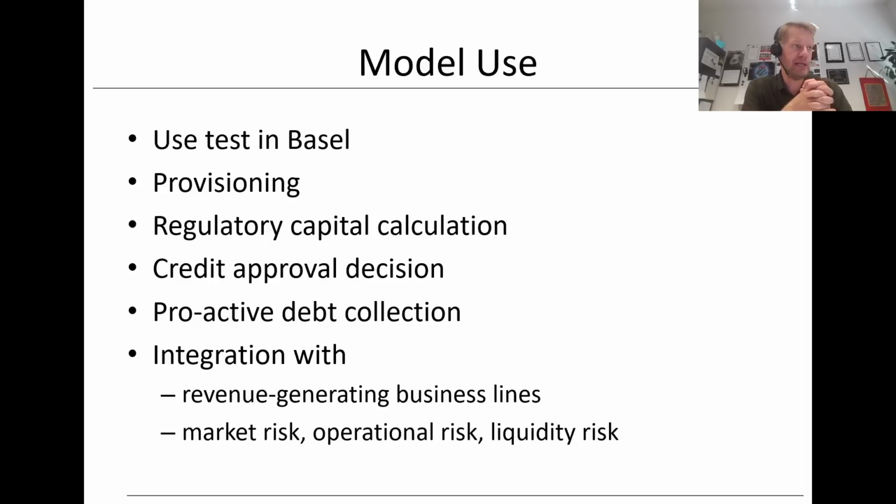And a very interesting set of techniques to be considered there is Markov decision processes, which are very closely related to reinforcement learning to help you make decisions about what to do during what status of the collection process. It's very important that these credit risk models are also integrated with the revenue generating business lines, but also with other types of risk like market risk, operational risk, and liquidity risk, because it's all interconnected.